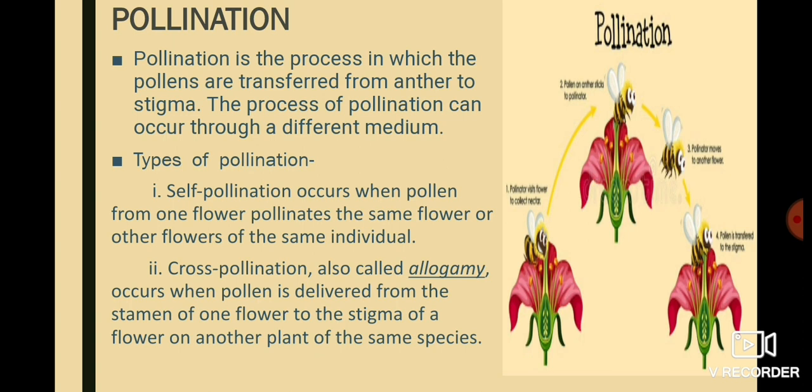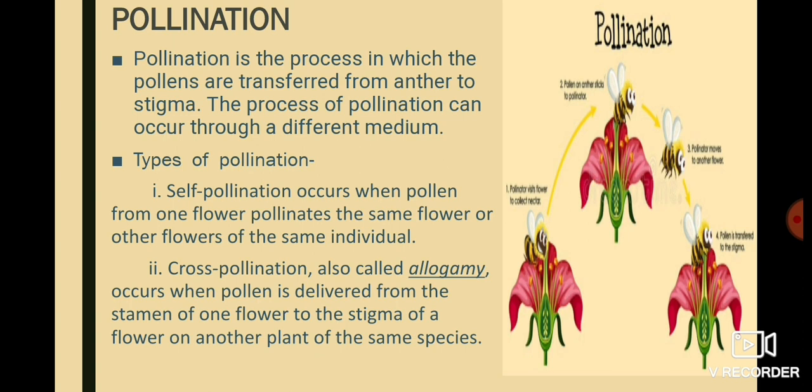Now comes your pollination. What is pollination? Pollination is the process of transfer of pollen grains from the anther of the stamen to the stigma of the carpel of the same flower, or to a different flower of the same or a closely related species. Basically, in one word, it is the transfer of pollen grain taking place either in the same flower or to a different flower. It can be divided into self-pollination, also termed autogamy, and cross-pollination, also termed allogamy.